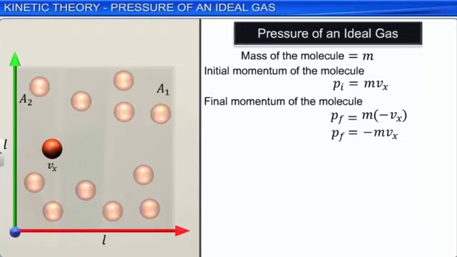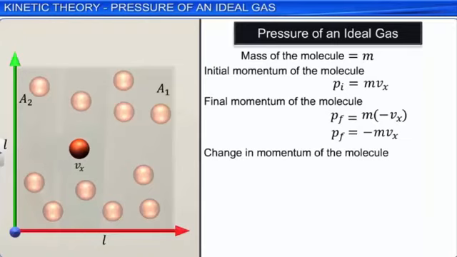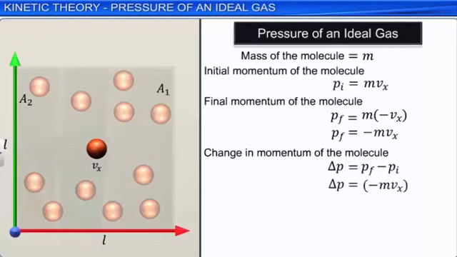Therefore, the change in the momentum of the molecule is delta p = final momentum pf minus initial momentum pi. That is, delta p = minus mvx minus mvx.